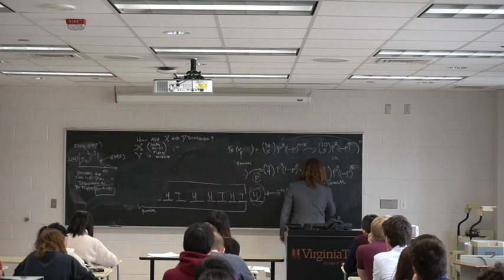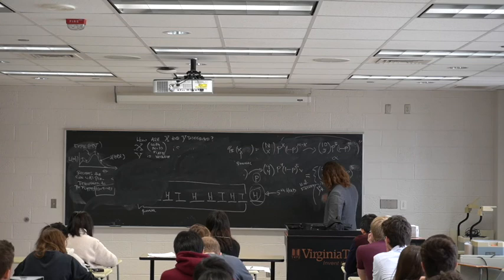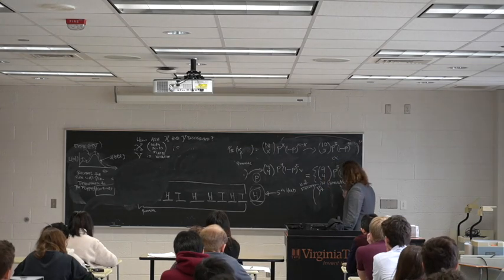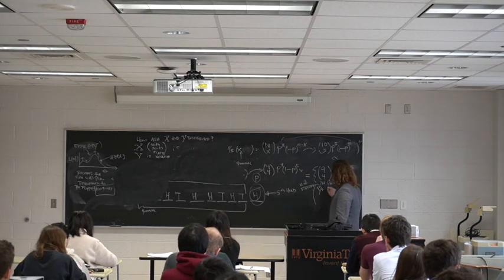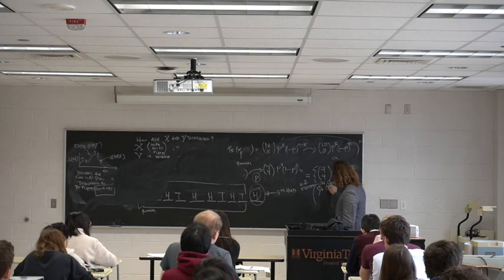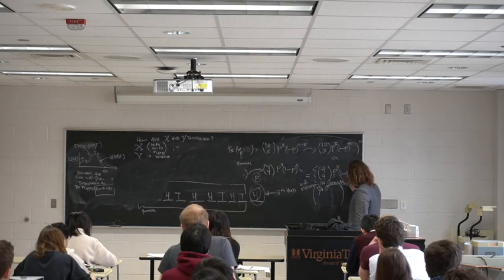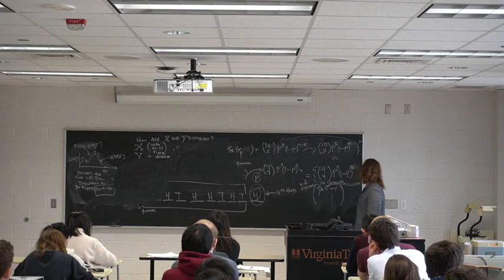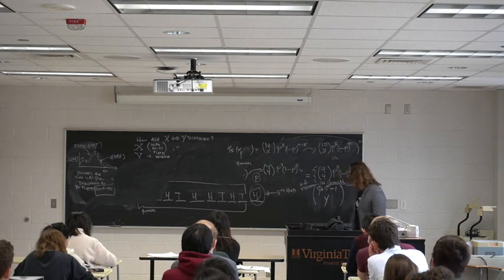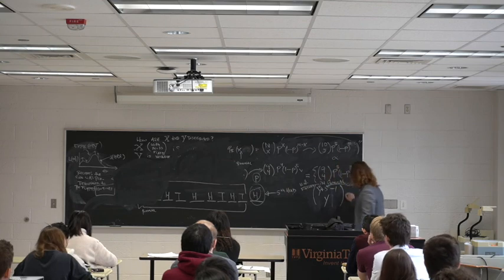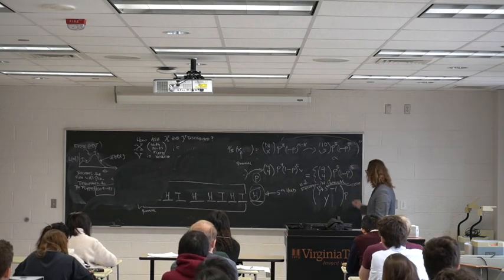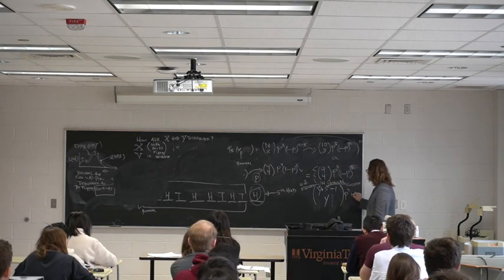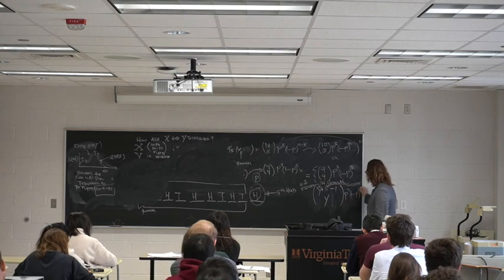Plus the number of successes minus 1, choose y, times p to the number of successes, 1 minus p to the number of failures.